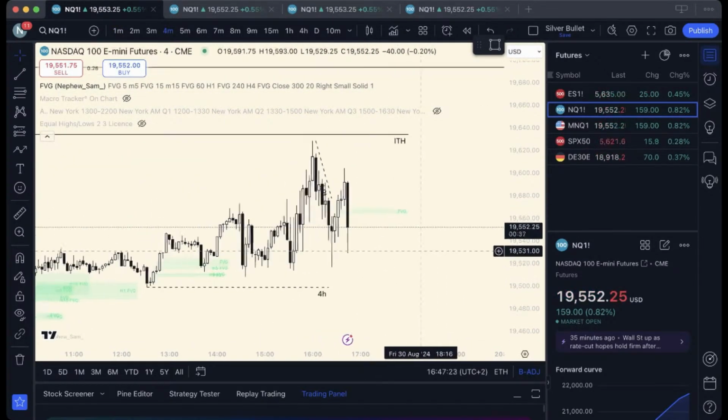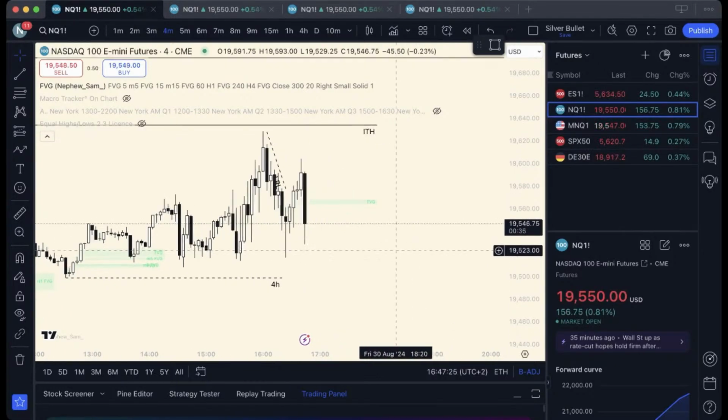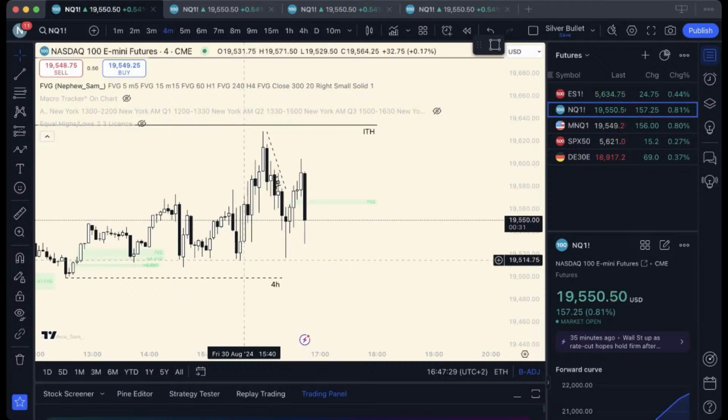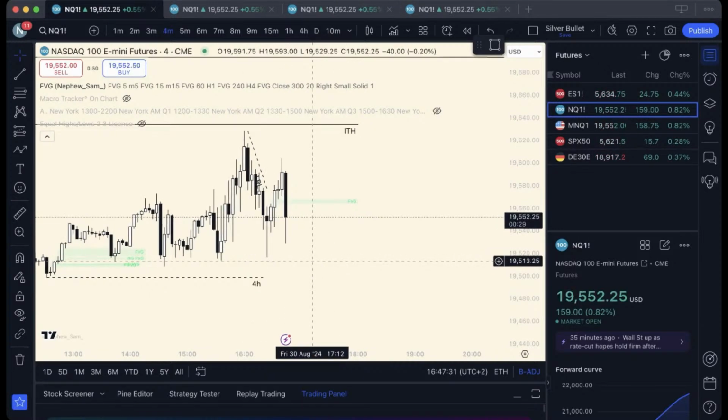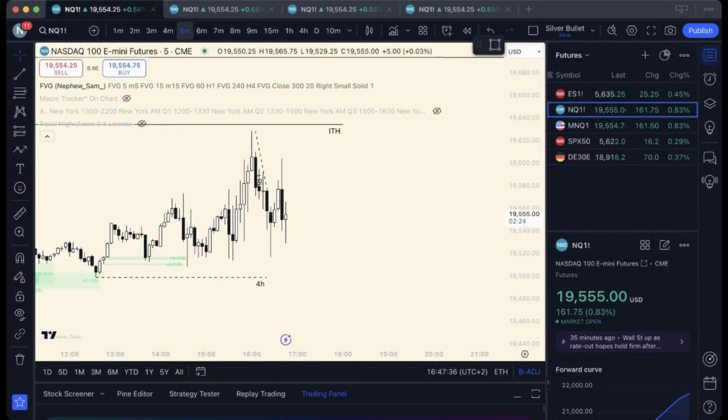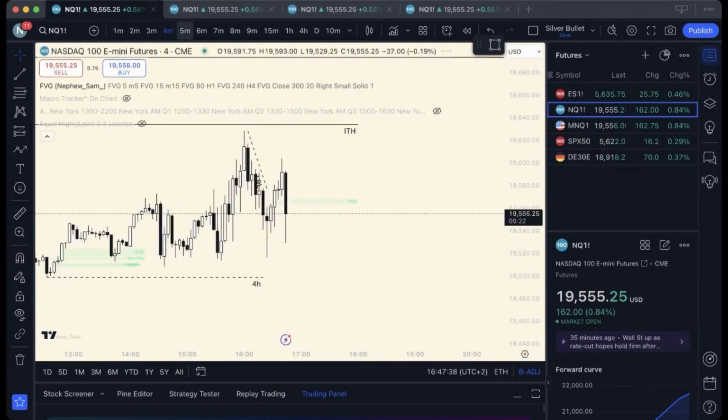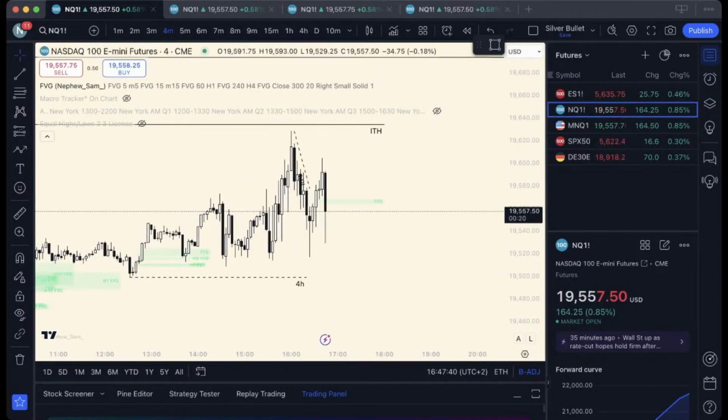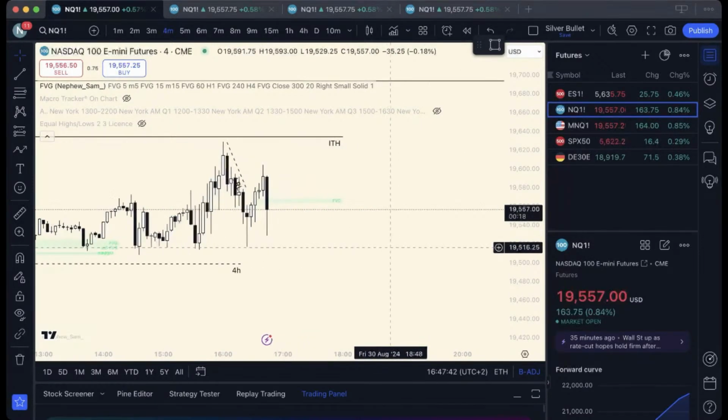I'm just thinking about this 4-minute, because we still have some nice lows here which can be taken out. But yeah, I'm not too sure about it.